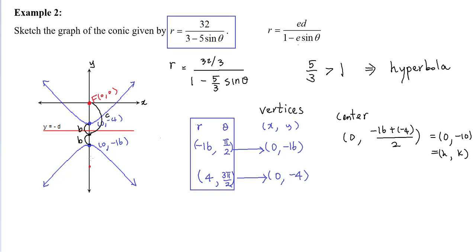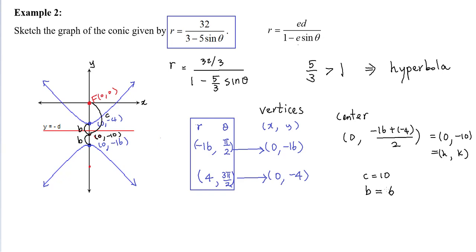So c is simply 10, because the center is 0, negative 10, and from 0, negative 10 to the focus 0, 0 the distance is 10, so c is 10. Now the center to one of the vertices, whether it's negative 10 to negative 4 or negative 10 to negative 16, b is the distance from the center to the vertex, which is simply 6.